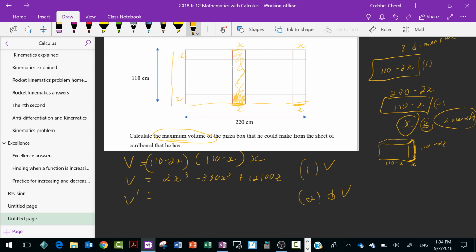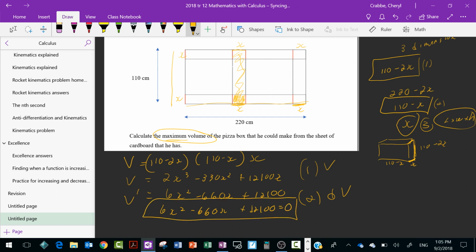So when we differentiate this, we get 6x squared minus 660x plus 12100. Now, at this point, you have to show 6x squared minus 660x plus 12100 is equal to 0.